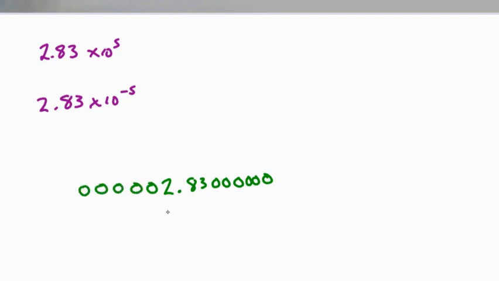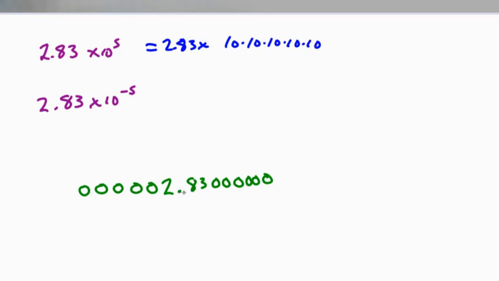That's still 2.83. The first one I'll do is move it for the 5. This is the same thing as saying 2.83 times 10 times 10 times 10 times 10 times 10. What's that? 100,000? So it's going to be a big number. I'm going to multiply it by 100,000.